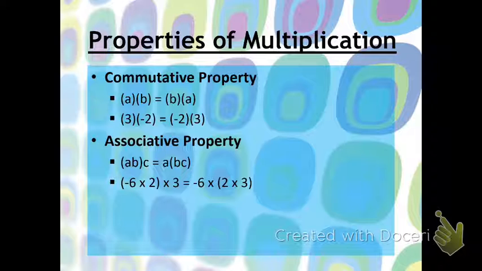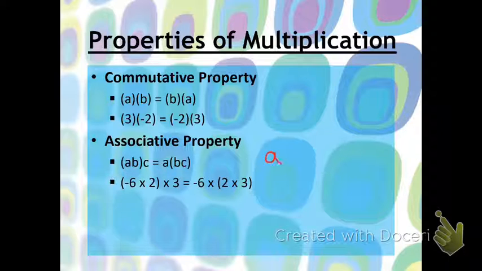So it doesn't matter whether, if you're doing negative 6 times 2 times 3, you do the negative 6 times 2 first, and then take that answer and multiply it by the 3, or if you do the 2 times 3 first and take that answer and multiply it by the negative 6. Again, this also holds true for addition.